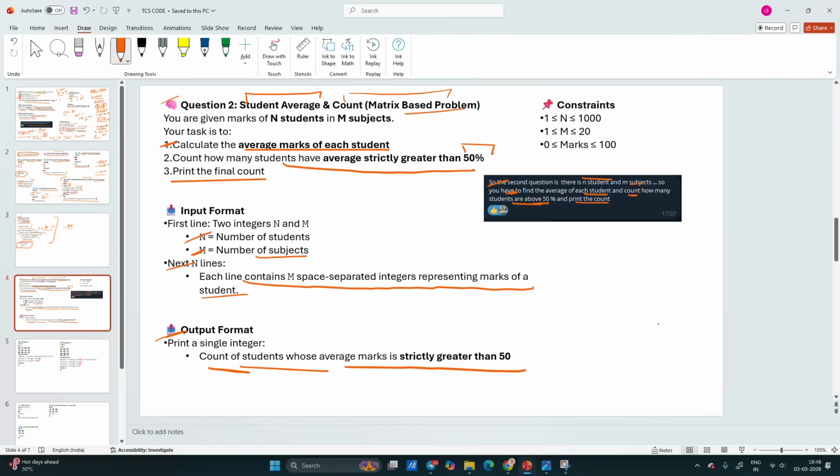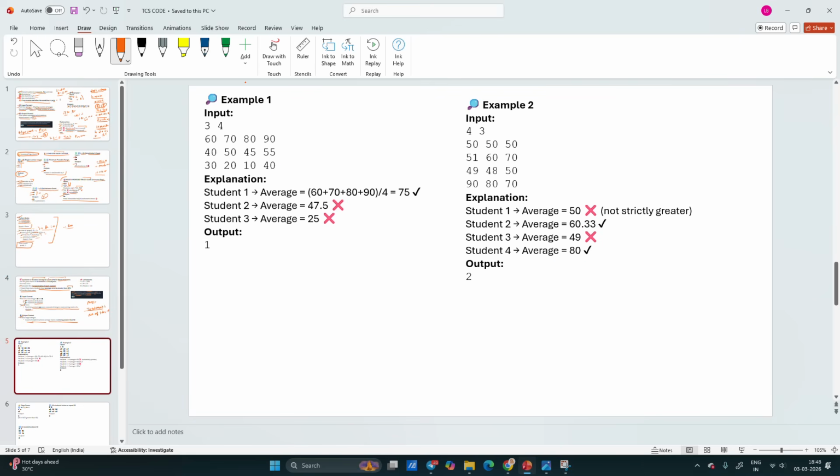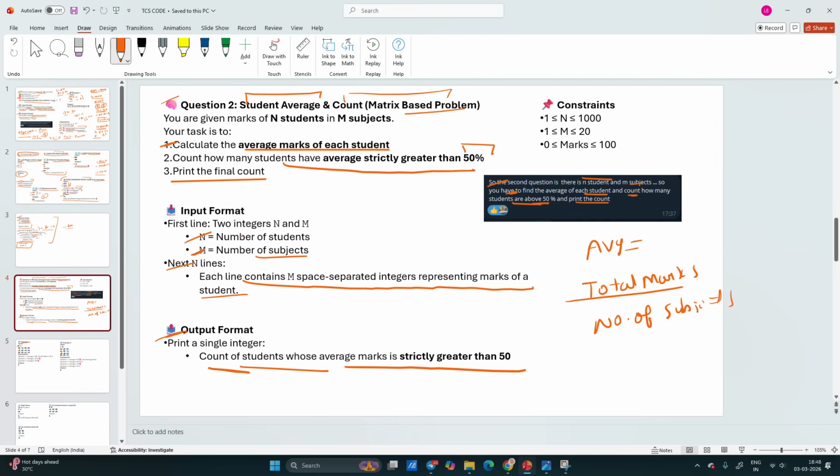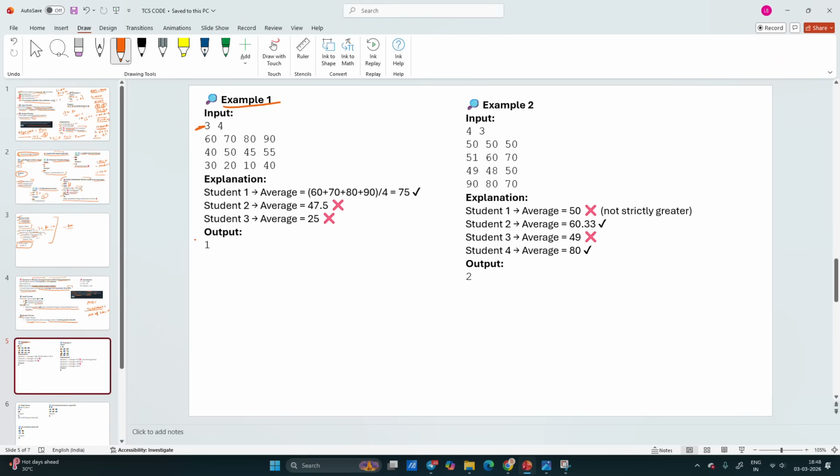Okay, so first of all, what is the formula for calculating average? The formula for calculating average is equal to total marks divided by number of subjects. We have to calculate the average like this. So now our first example. Input is n, the number of students, 3 students are there, and m equals 4 subjects.